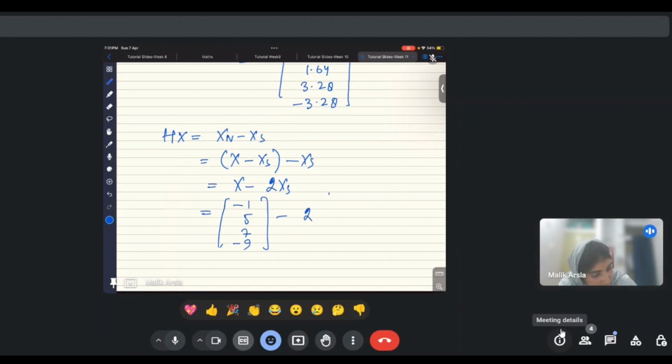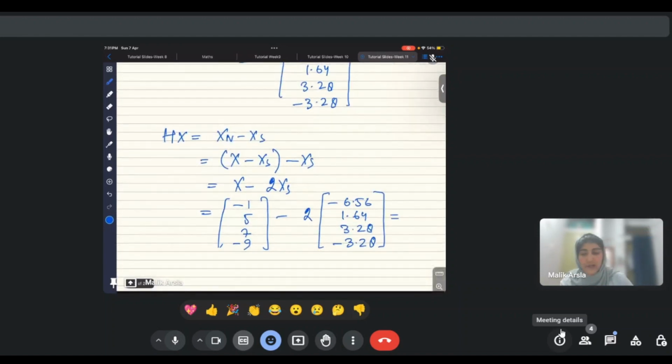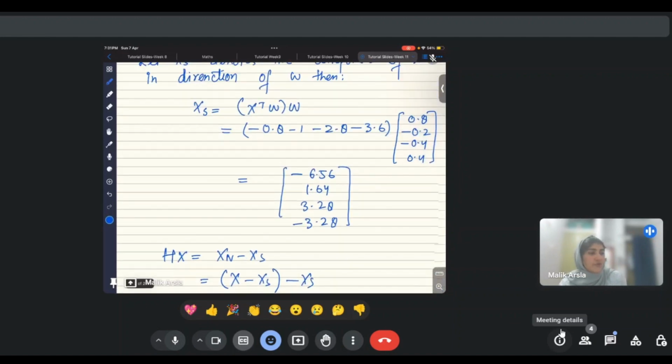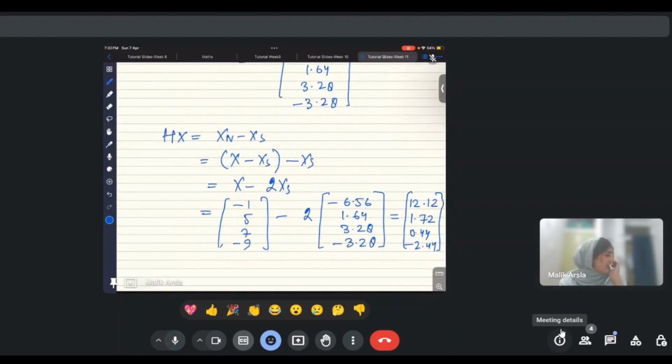Then minus twice xs, where xs is minus 6.56, 1.64, 3.28 and minus 3.28. When you calculate this, it comes out to be 12.12, 1.72, 0.44 and the last one is equal to minus 2.2. So this is one method you can use if you find the matrix is too big. It's a simple method.